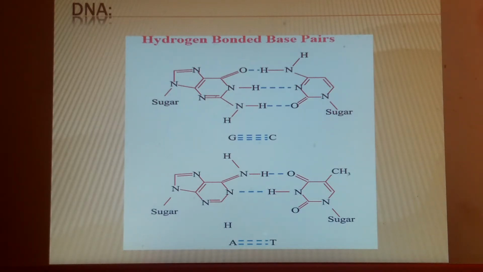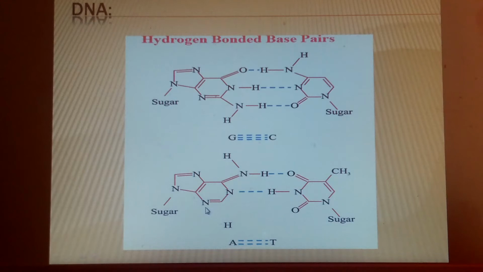So we have guanine and cytosine. You can observe the hydrogen bonds. So the first one is guanine. So we have a guanine here, and that has been bonded to cytosine through 3 hydrogen bonds. You can observe the 3 hydrogen bonds present. Likewise, adenine and thymine.